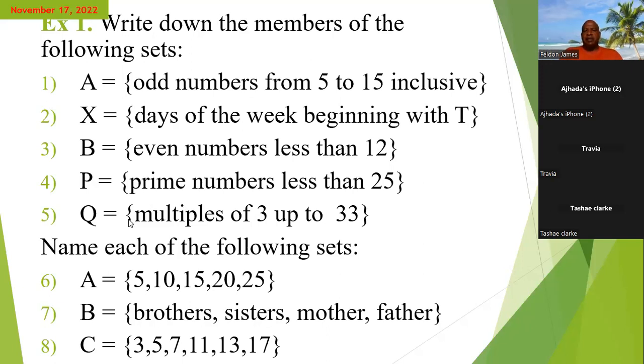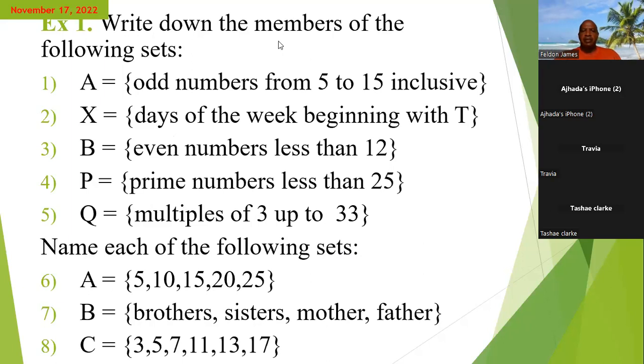All right, so we're at question 5. Question 5 says that you're to name each of the following sets. Now, from question 1 to, oh, sorry, I keep going to question 6.